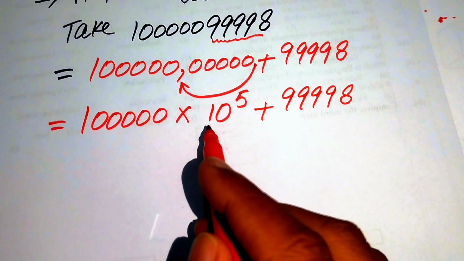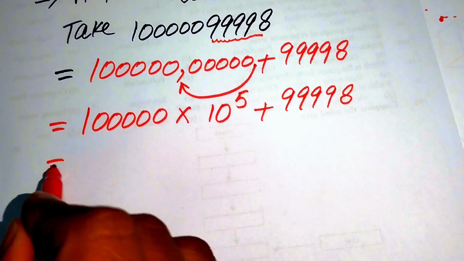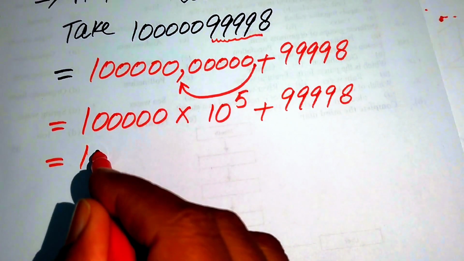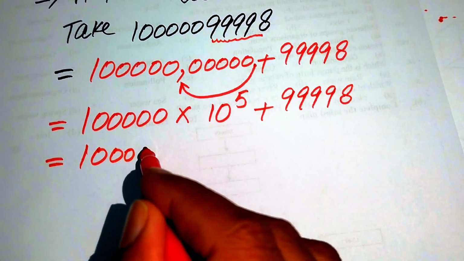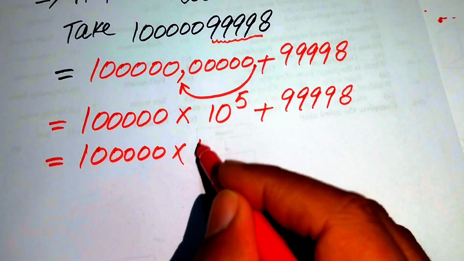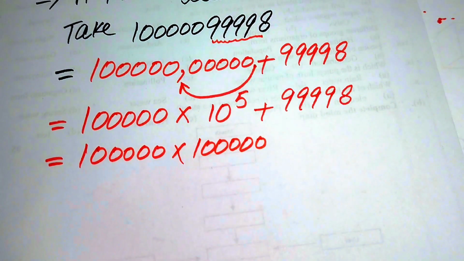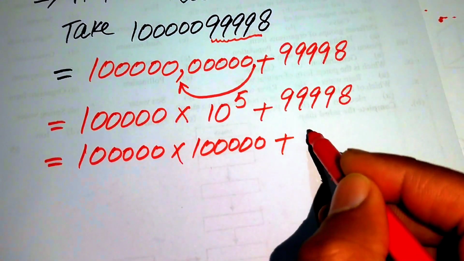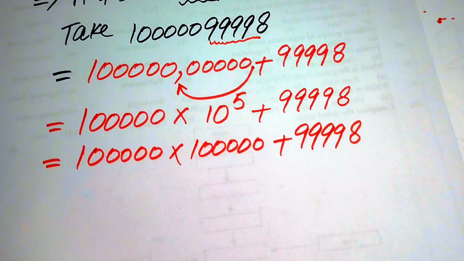When you open the fifth power of 10, we know it equals 1 lakh, and it is 1 0 0 0 0 and 0, multiplied by this it also becomes 1 0 0 0 0 and 0, and plus we have this number 999 and 9 into 8.